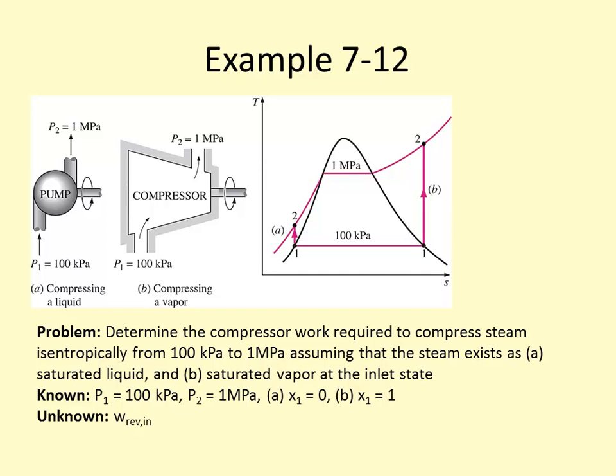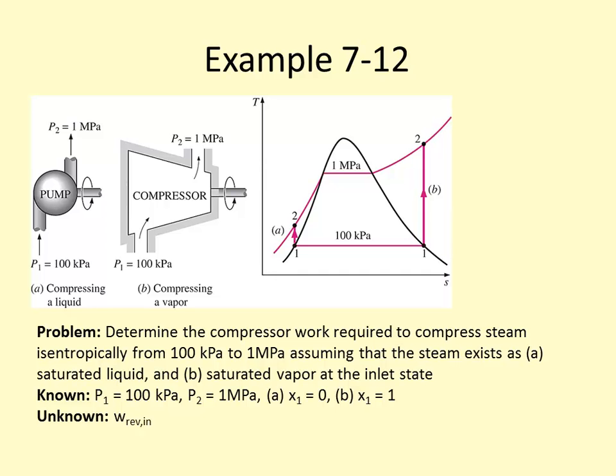So we can replace the VdP in this equation with dH, which is just equal to H2 minus H1. If we had done the energy balance from the beginning for a compressor, we would come up with the exact same thing, because there's no work output, there's just a work input equal to H2 minus H1.